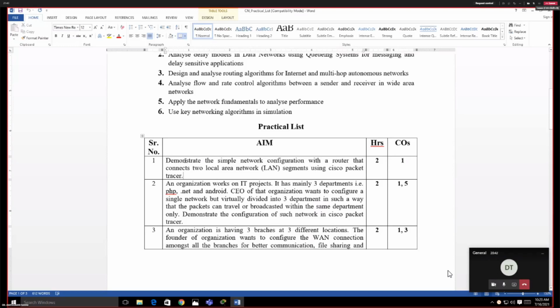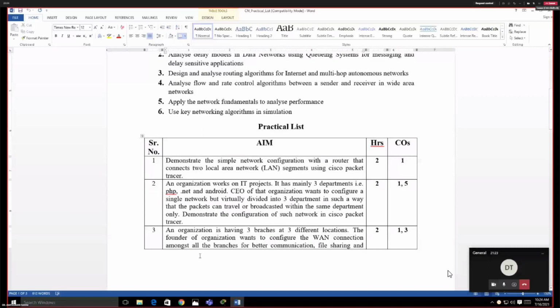As per the aim, we have to create two local area networks, two LANs. For creating the LAN, we have to assign the IP addresses. So we have to consider at least two switches. One switch will be a part of LAN 1, and the second switch will be a part of LAN 2. So we have to take at least two switches.